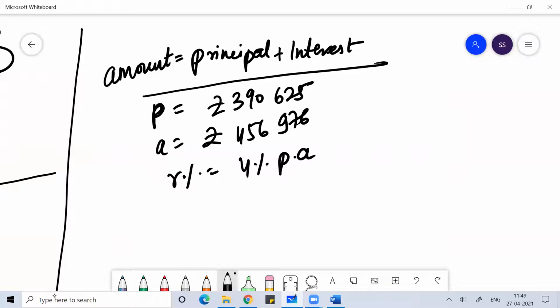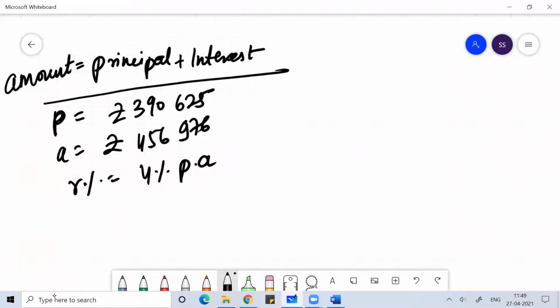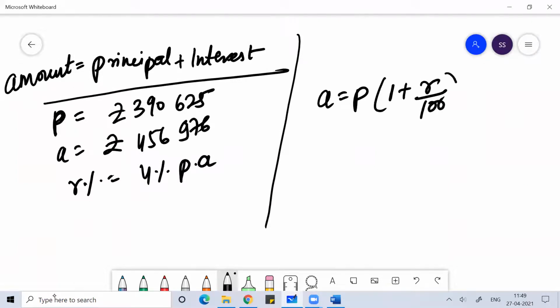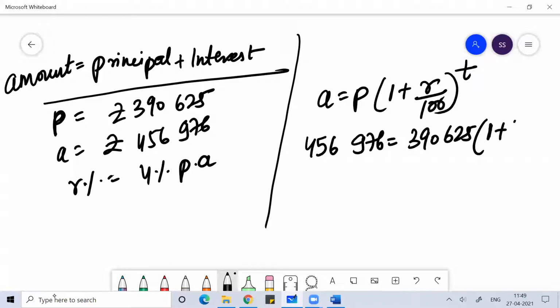Per annum means per year. In case of compound interest, we use the formula amount is equal to principal into 1 plus r by 100 to the power t. So 456976 is equal to 390625 into 1 plus 4%, and time we don't know. That is what we need to find.